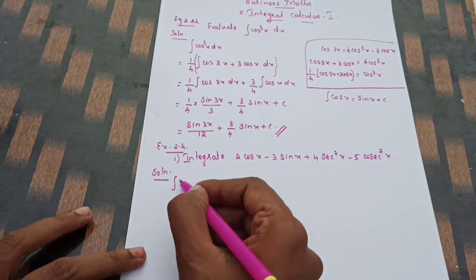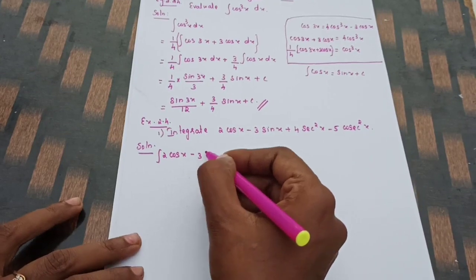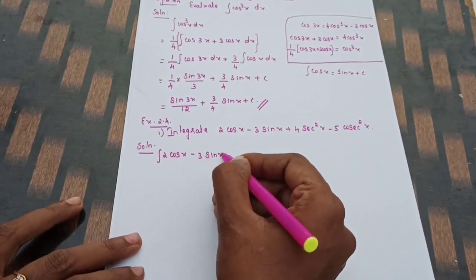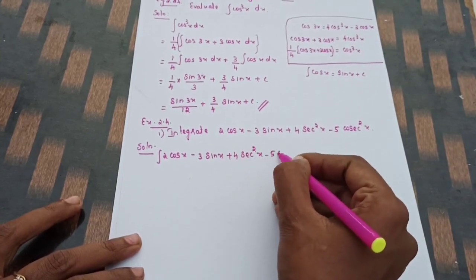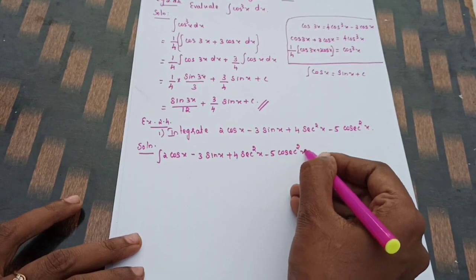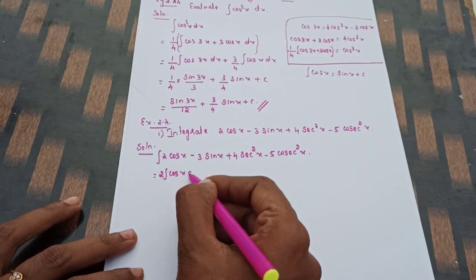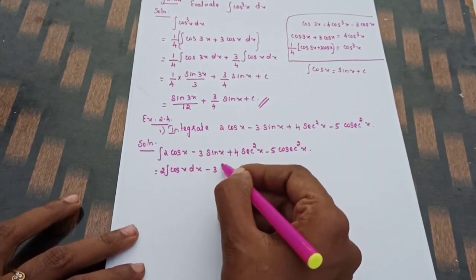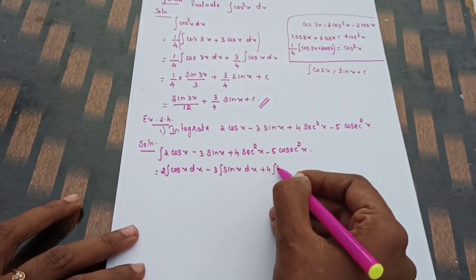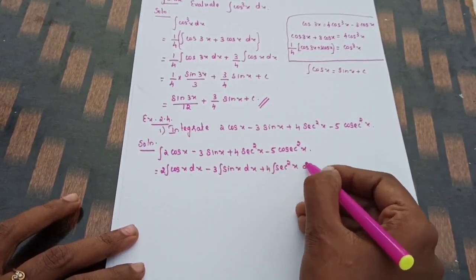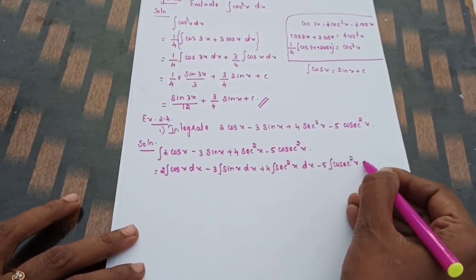So the integral of 2 cos x minus 3 sin x plus 4 secant square x minus 5 cosecant square x is equal to 2, a constant, into the integral of cos x dx, then minus 3, a constant, into the integral of sin x dx, then plus 4 into the integral of secant square x dx, minus 5 into the integral of cosecant square x dx.